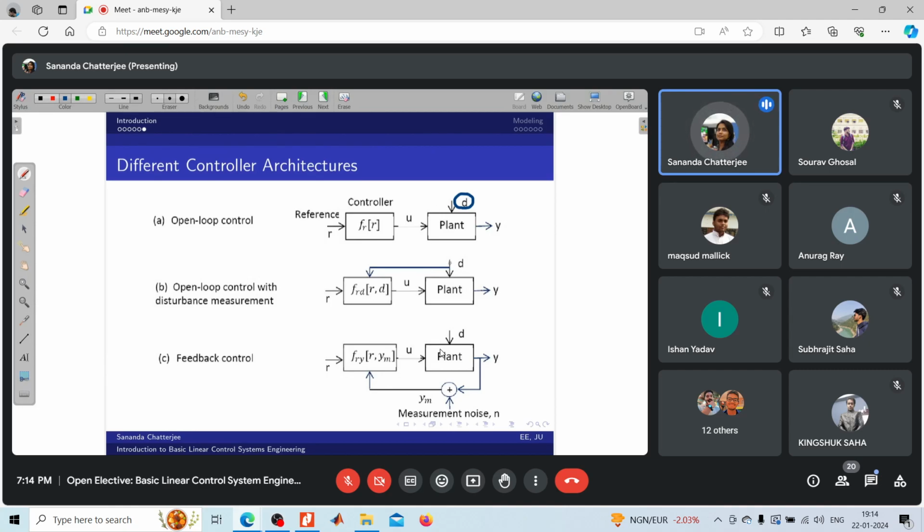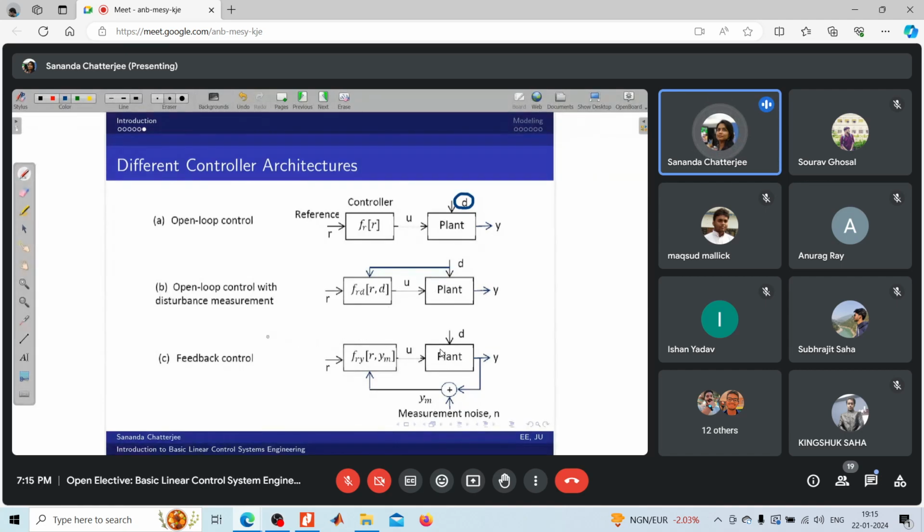If we know some part of the disturbance signal, we can take it into account for this second case. That is somewhat better than the first case, but we will never be able to model all the disturbances present in the system. Therefore, we took the example of the room heating problem, where there were two types of disturbance. I guess you remember.